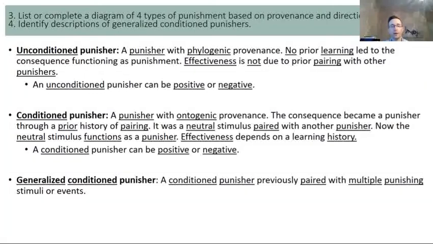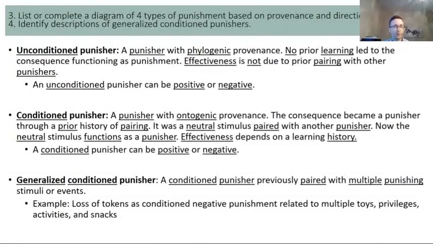And so it can be highly effective because of its pairing with multiple punishing stimuli or events. For example, the loss of tokens as conditioned negative punishment related to multiple toys, privileges, activities, and snacks that could have been or have been purchased with the tokens in the past.